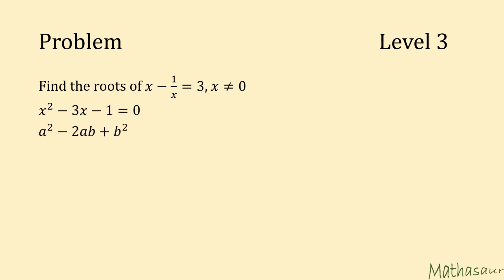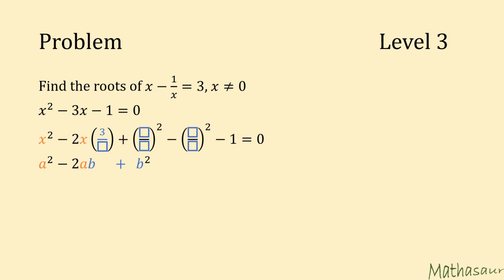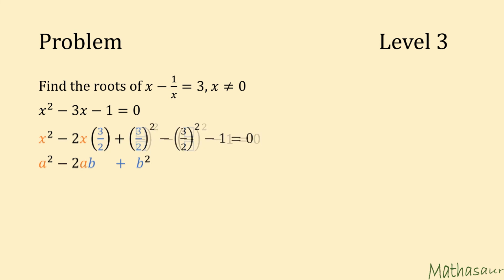We see that the middle term has a negative sign. So we shall compare it with a square minus 2ab plus b square. Now if a was x, then b would be 3 divided by 2. Let us add and subtract b square, which is 3 by 2 whole square. And now we get a minus b whole square, or x minus 3 by 2 whole square.